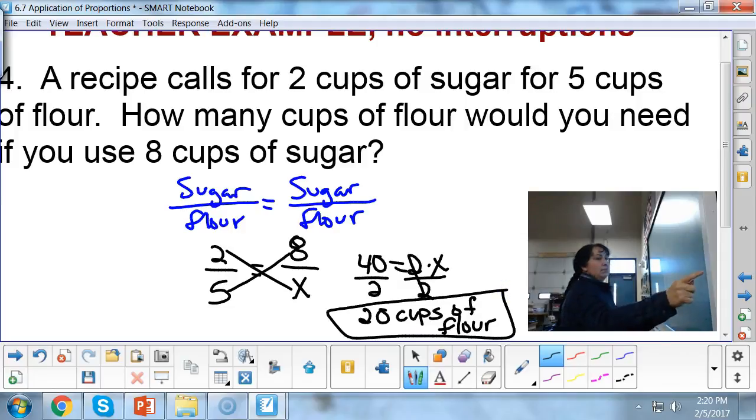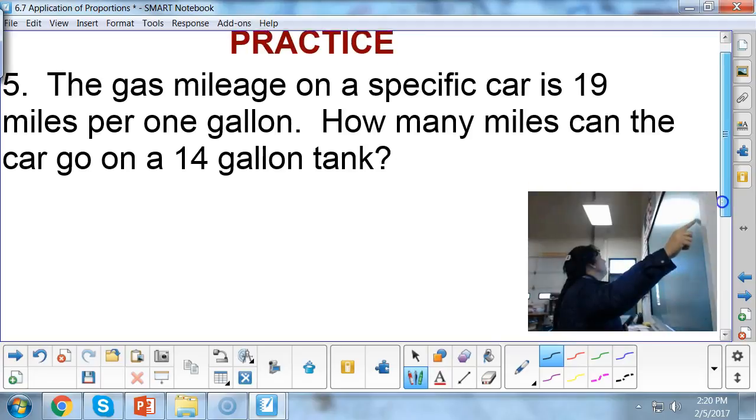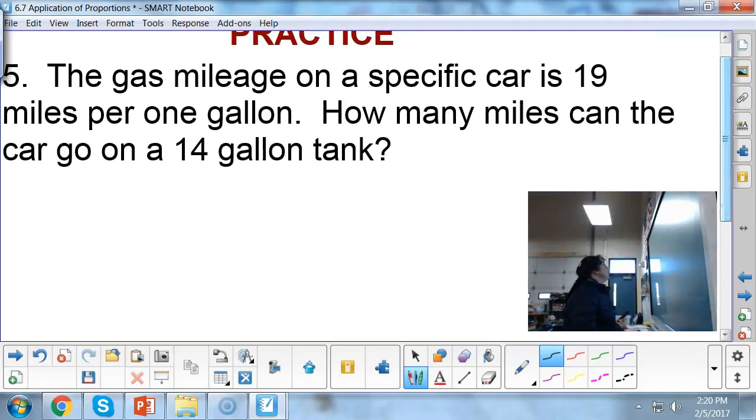Okay, let's do the next one, the practice problem. So this one you can pause if you got a hang of it. The gas mileage on a specific car is 19 miles per 1 gallon. How many miles can the car go on a 14-gallon tank?